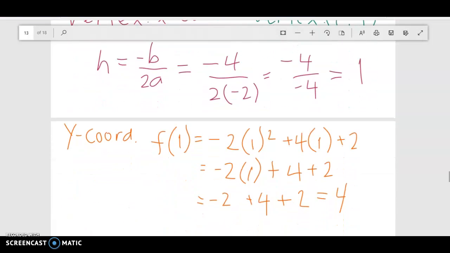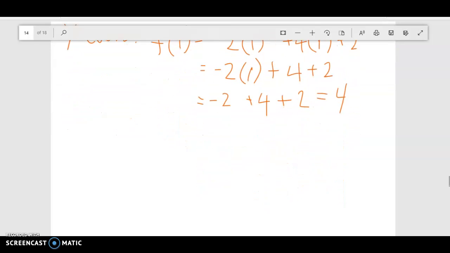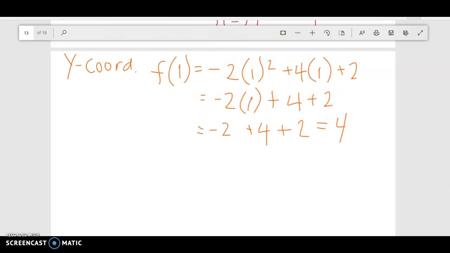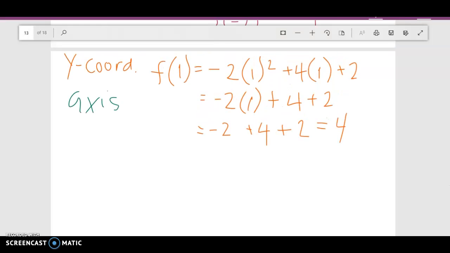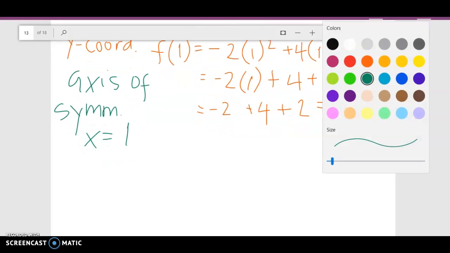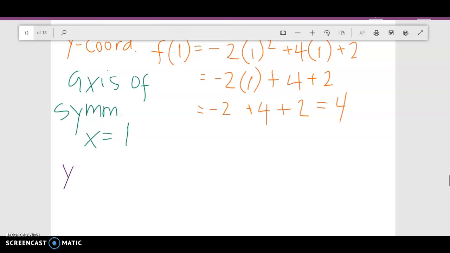The next property that we're going to look at is the axis of symmetry. That's going to be x equals 1, the x value of our vertex. Next, let's get a y-intercept. Remember, for a y-intercept we replace x with 0, and then we'll be able to find what our y is.